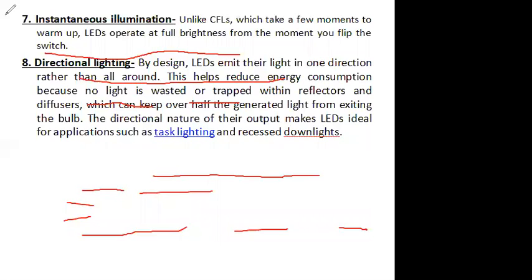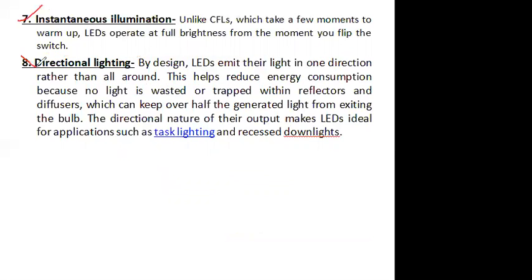And the last 2 points are instantaneous illumination and directional light. Instantaneous illumination means, unlike CFLs, which take a few moments to warm up, LEDs operate at full brightness from the moment you flip the switch. And directional lighting: by design, LEDs emit their light in one direction rather than all around.